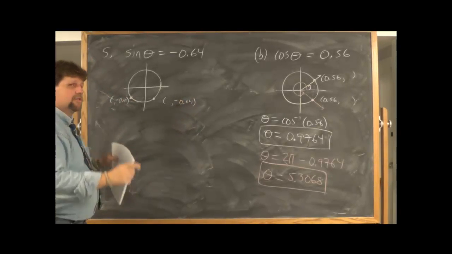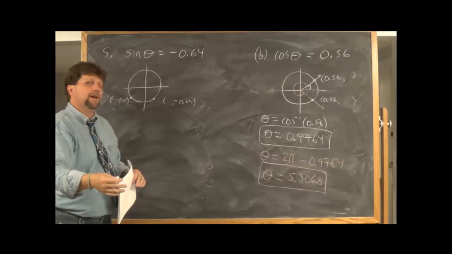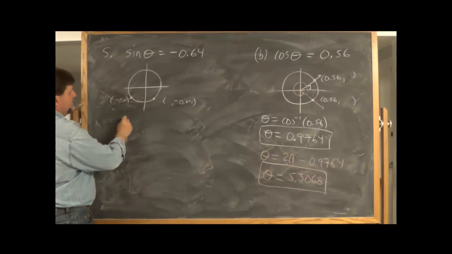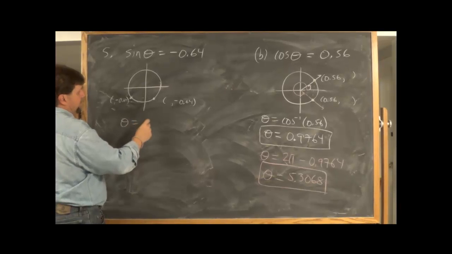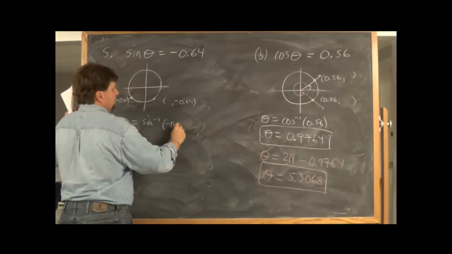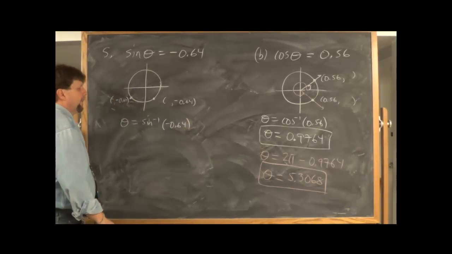Now keep in mind we're solving in the interval 0 to 2 pi. And the reason why I'm stressing that is while I assume you know to get theta, you're going to do inverse sine of negative 0.64.